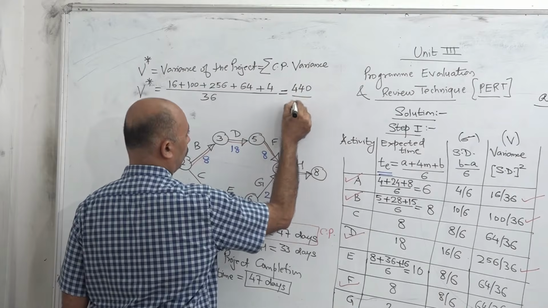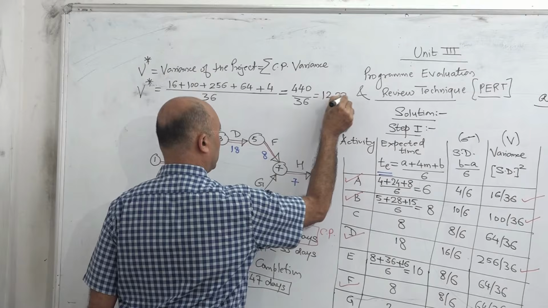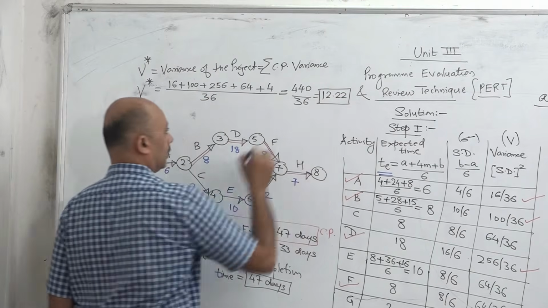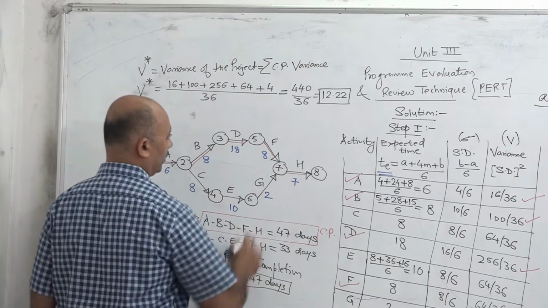The numerator total is 440, so it is 440 by 36 and the value will be 12.22. So the variance of the project, or V star, is 12.22.